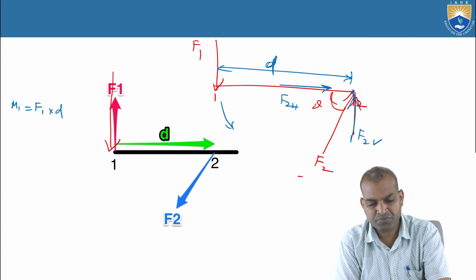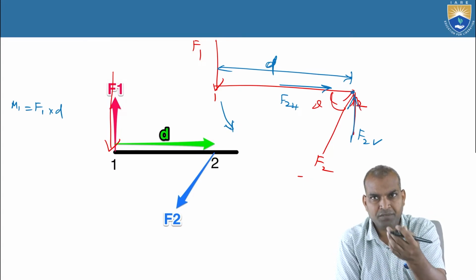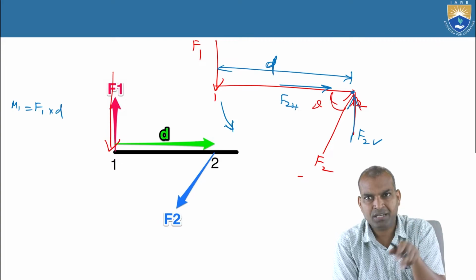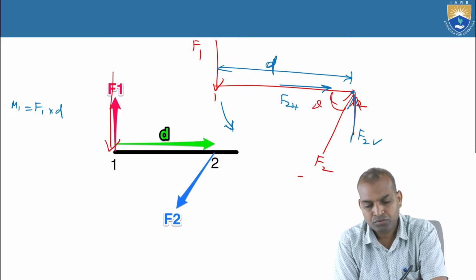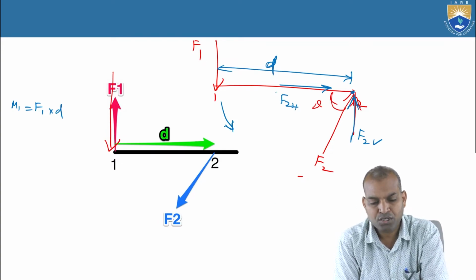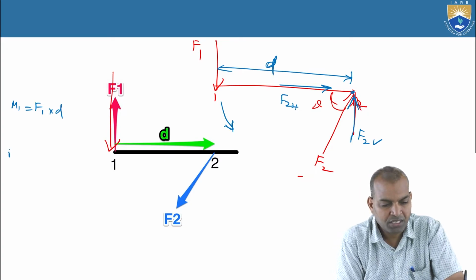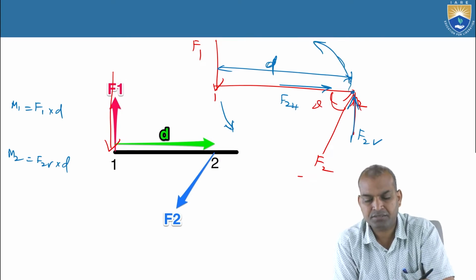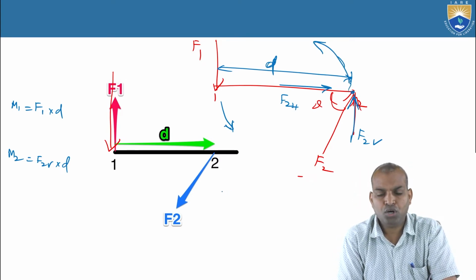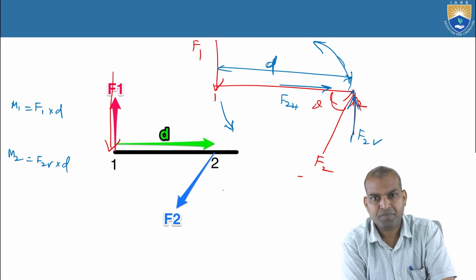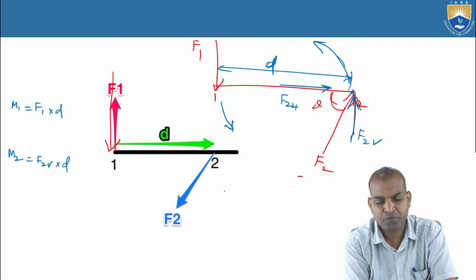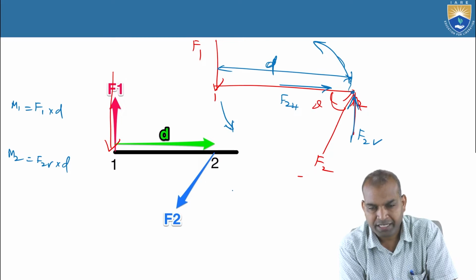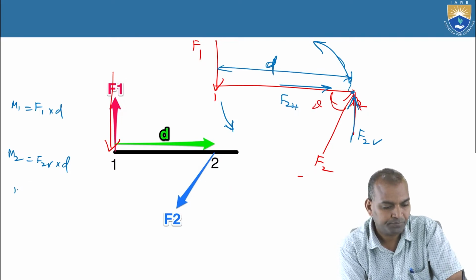Now, F2V into D, that is M2 equal to F2V into D, in this direction. So the type of movement given by F1 and F2 is anti-clockwise movement.